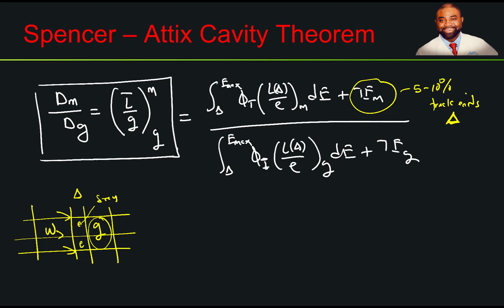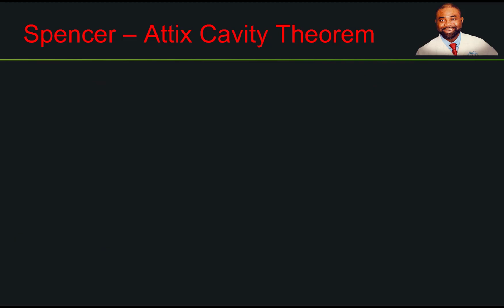And so the formulation of TG21 essentially builds on the Spencer-Attix theory, which in turn relies on the foundation of the Bragg-Gray cavity theorem.